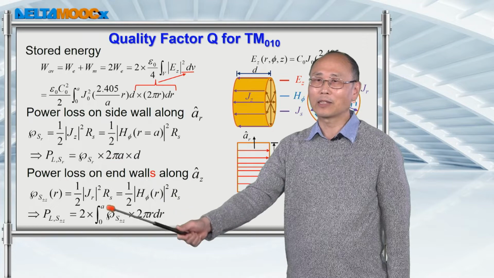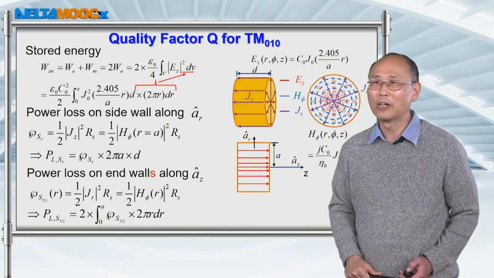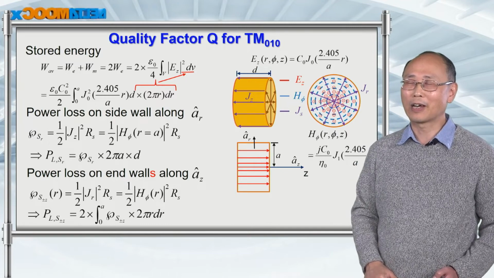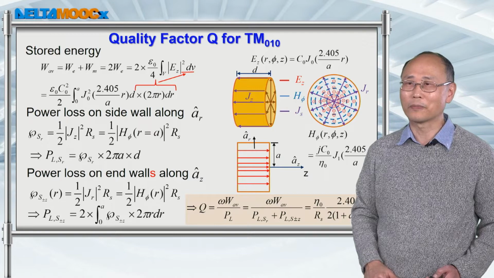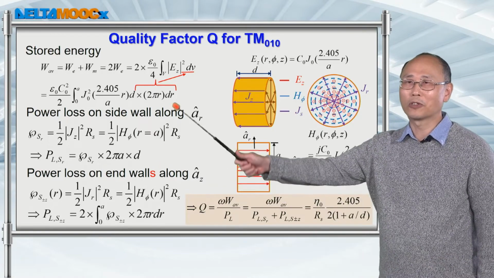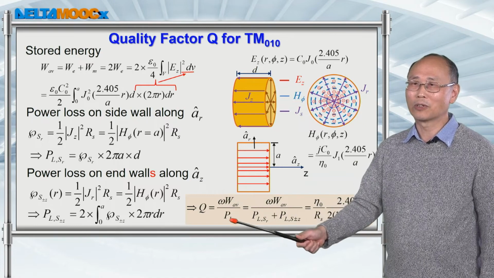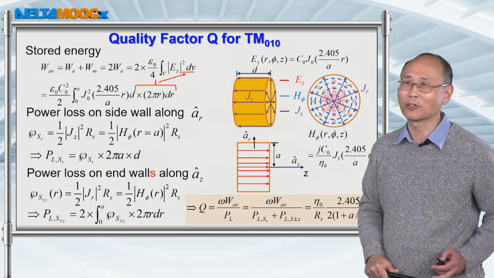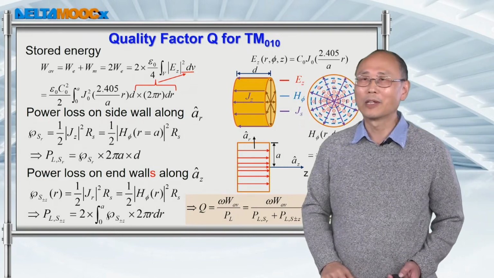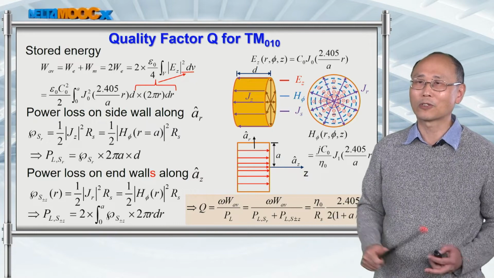Then adding these two components, you'll get the total power loss on the surfaces of this cylindrical resonator. So once you have the power loss, you have the stored energy inside, so you can calculate the quality factor Q given by this final solution. So these are the steps showing you how to do the calculation for this quality factor.